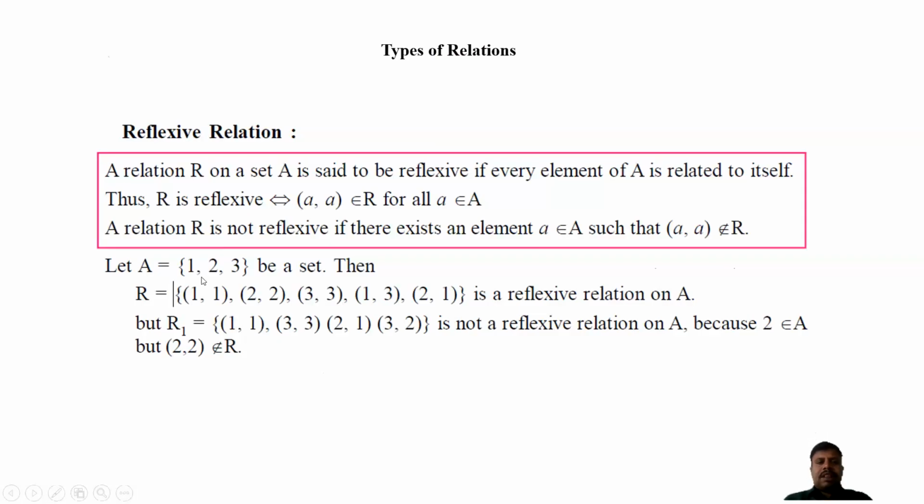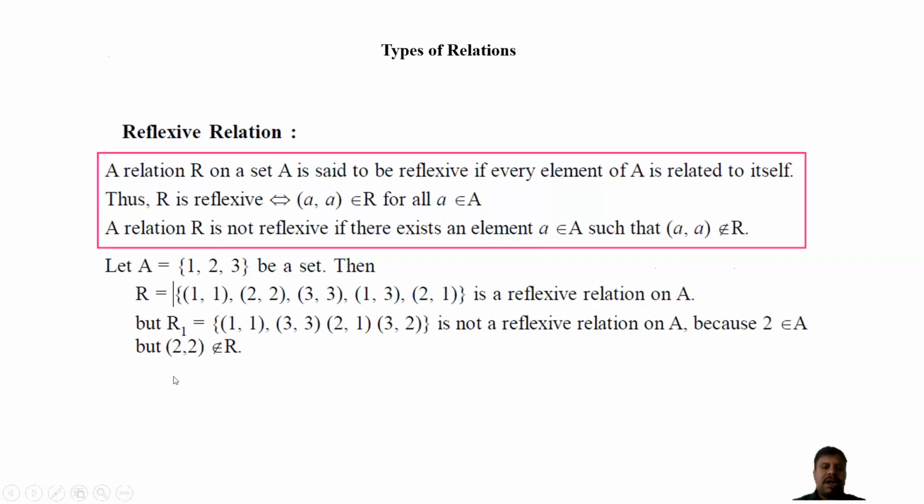Why? Because A has three elements, 1, 2, 3. (1,1) is an element of the relation, (2,2) is one element, and (3,3) is another element. So it is reflexive. We are not bothered about any other elements of the relation while considering reflexivity. Whatever elements are present in the original set, if they satisfy the property that (a, a) belongs to R, then the relation is said to be reflexive.